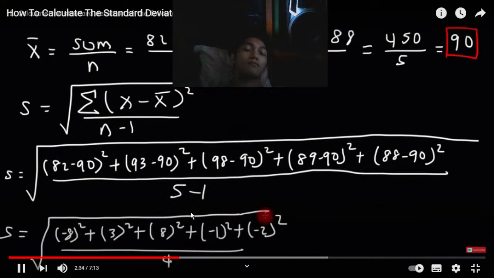Plus 2 squared. So that adds up to 142. Divide that by 4, and then take the square root of that result.